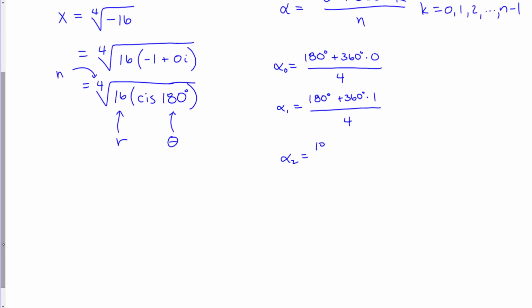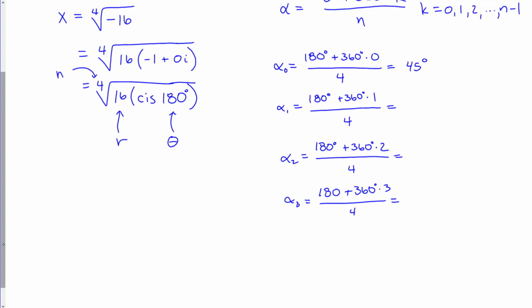Alpha sub 2 is 180 degrees plus 360 degrees times 2 over 4. Alpha sub 3 would be 180 plus 360 degrees times 3 divided by 4. Now, working through these, 360 times 0 is 0, so 180 divided by 4 is 45. So the first one is 45 degrees.